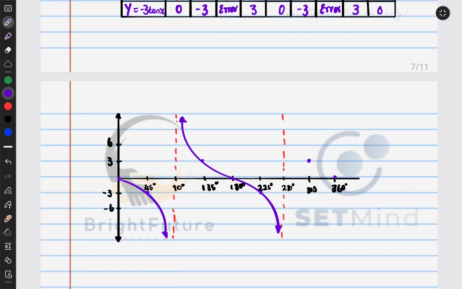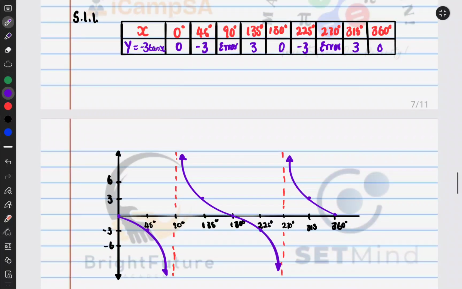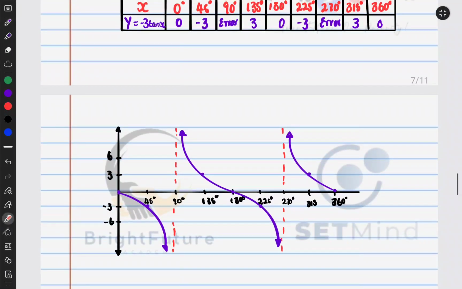Okay, other arm there, and then lastly the other arm. So a few things about this function. You can see it has been reflected. Normally the sine function starts from 0 and goes upwards, but this one begins from 0 and goes downwards because it has been reflected about the x-axis.